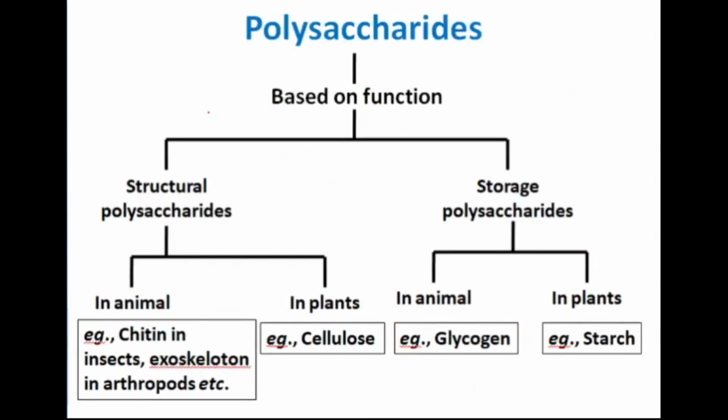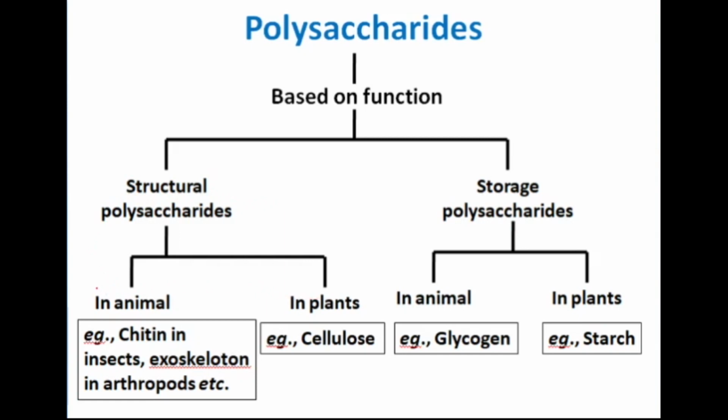Then the next topic is polysaccharide. Polysaccharide means when the linkage is formed among n numbers of monosaccharides. So there may be two types of polysaccharide: structural polysaccharides and storage polysaccharides. Then again, structural polysaccharides are subdivided into two groups.